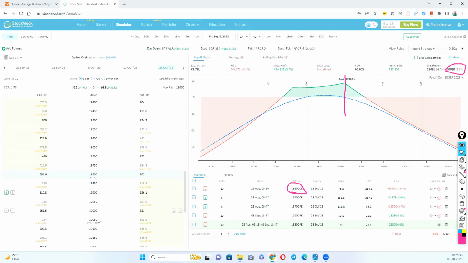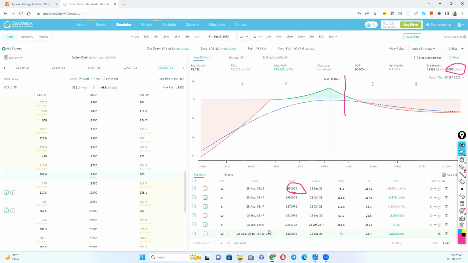So what is the 20,000 call? 261, yeah, we bought the 20,000 call at 261.5. Now upside is completely hedged. Though it is showing red, this is okay. It is manageable because now we have 2 hedges. If the market continues to move higher, we'll keep getting the premium from the sold puts. That is the plan.